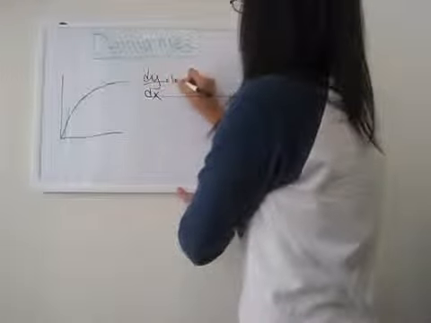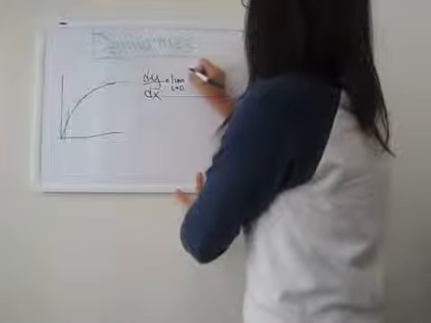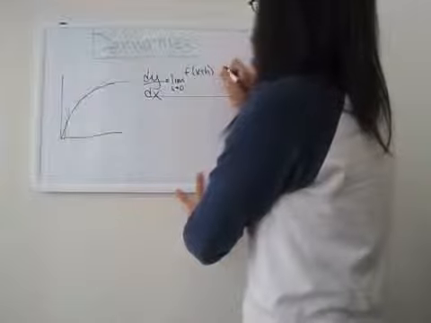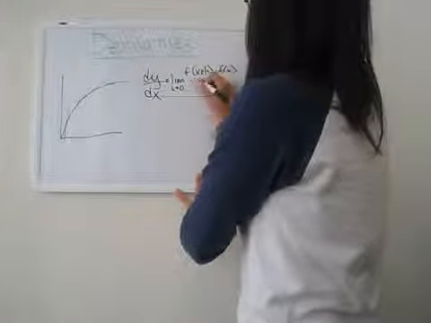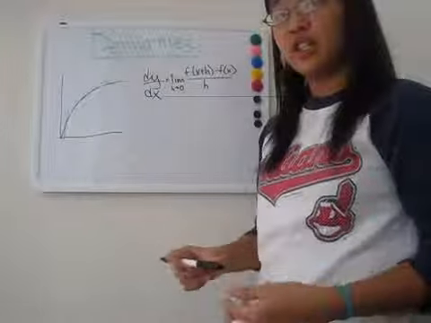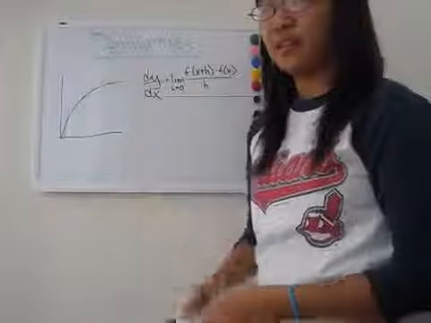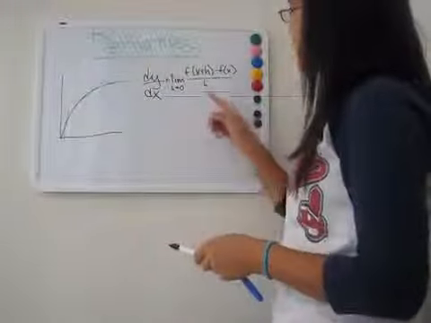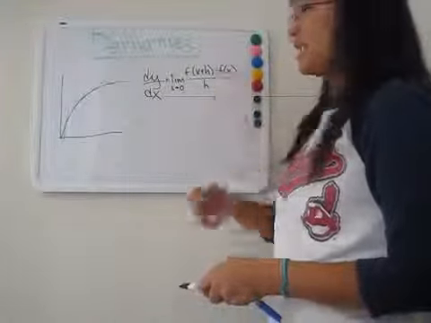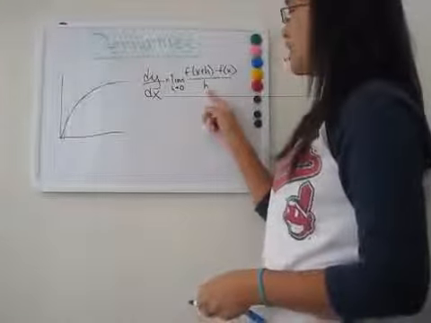The equation is usually the limit as h approaches 0 of f of x plus h minus f of x over h, where f of x is your function and h is your instantaneous difference. You can see that here f of x plus h minus f of x is your change in y, and then your h is your change in x.